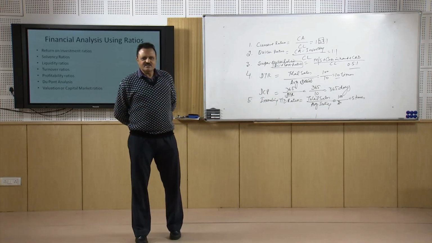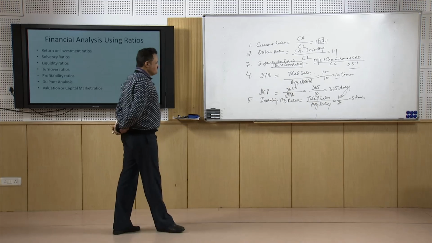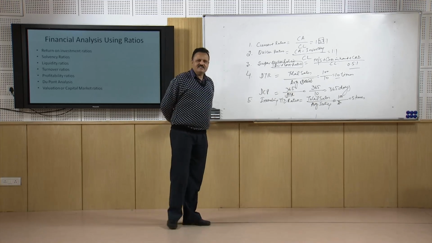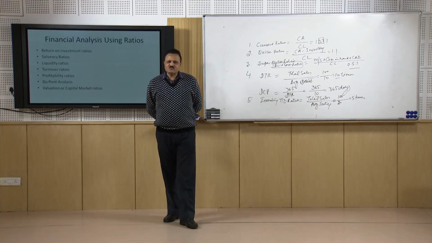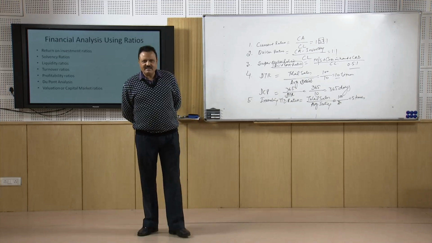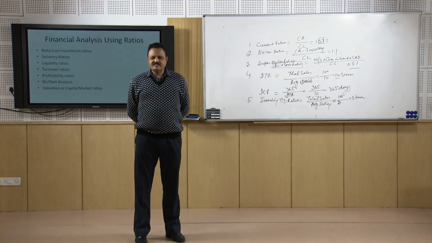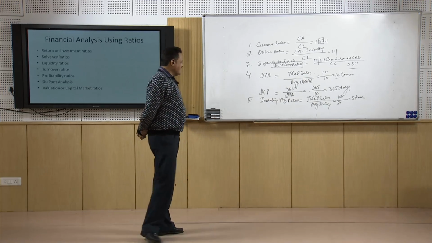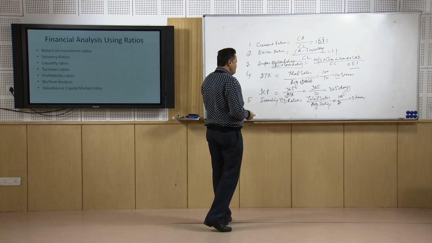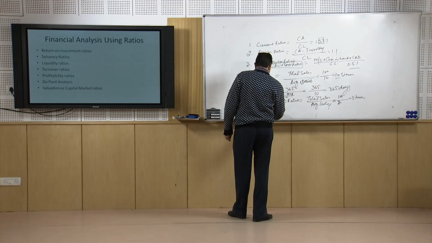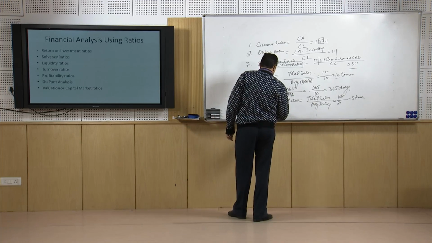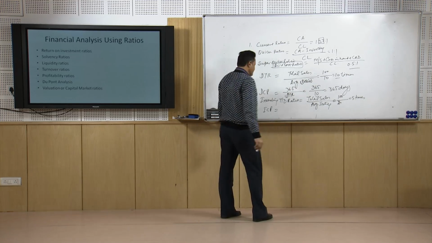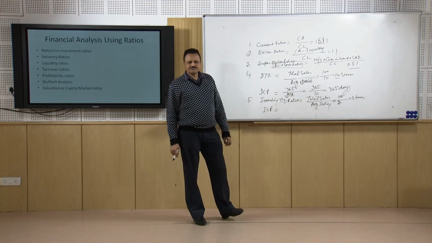Now we have to compare how much is the inventory in the other firms, and what is the position of inventory in this firm as compared to the previous years. That can be the way of comparison, but a better way is to convert this into ICP, the inventory conversion period.